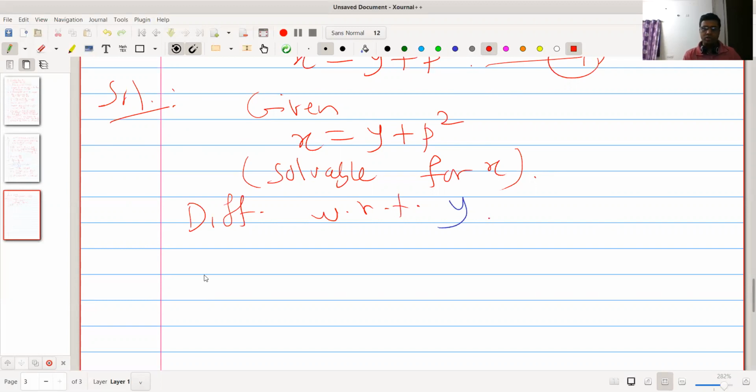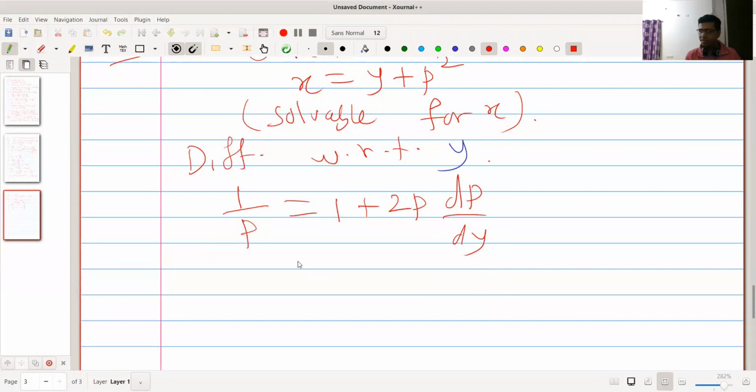So the left hand side is dx by dy. Dx by dy is 1 upon p, equal to the right hand side differentiated with respect to y, which is 1 plus 2p into dp by dy.